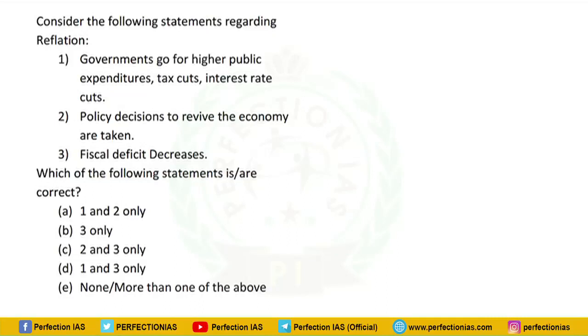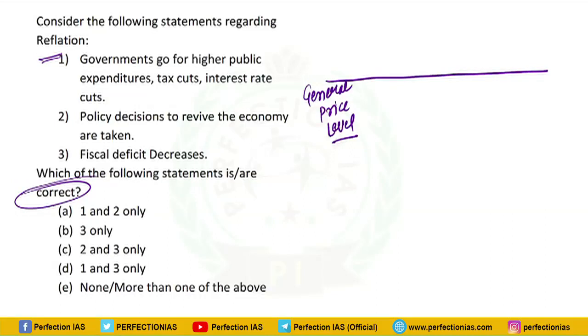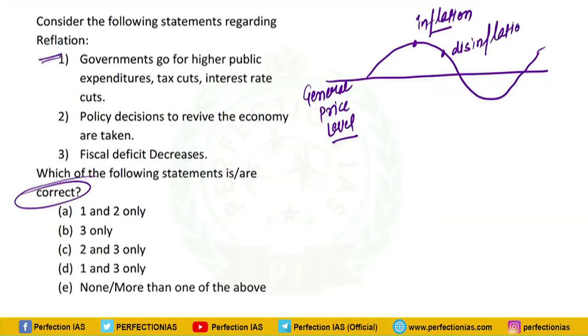Next question is, which of the following statements regarding reflation is correct? So first thing first, suppose this is general price level, then this is a scenario of inflation. Inflation means increment in the price. This is scenario of disinflation. Disinflation means rate of inflation is declining.